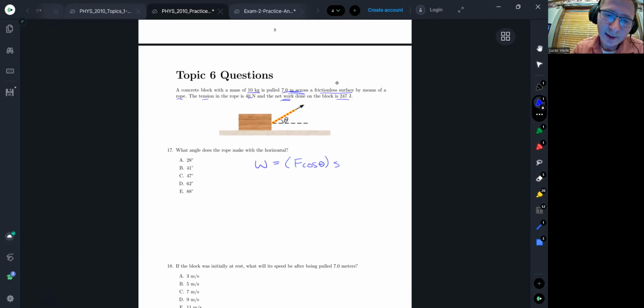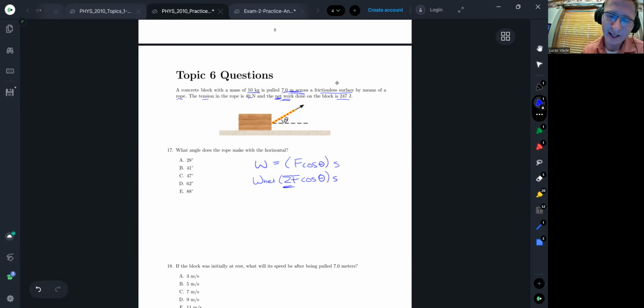But really what we need to know is the net work, and so we need to make sure that we see what all the forces are doing, how they contribute to the overall work done in order to get the right answer on this.